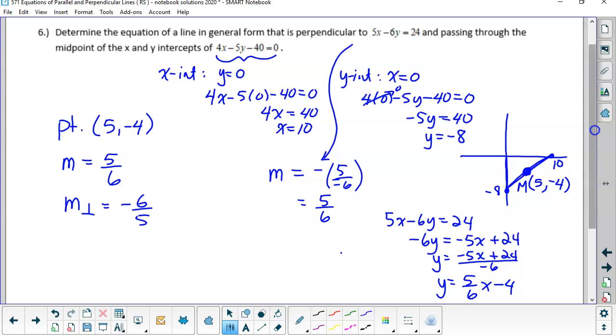Okay, so now how you get it in general form is up to you. Now you could do it the method that I just did. What we have been doing all along, I don't have the y-intercept, so I'm going to use the point slope form. So y minus negative 4 equals the slope times x minus the x value of that point.